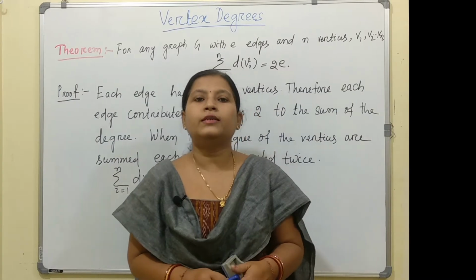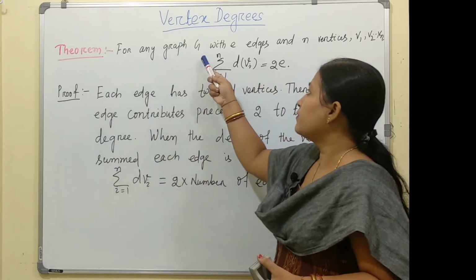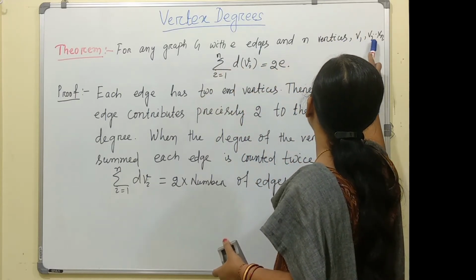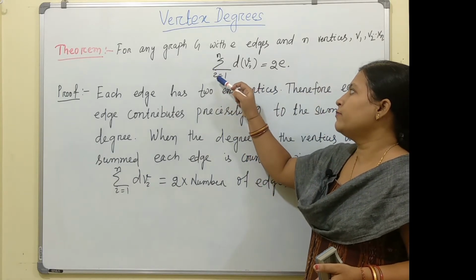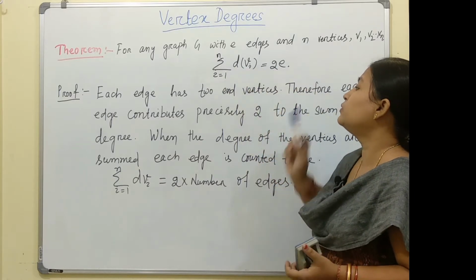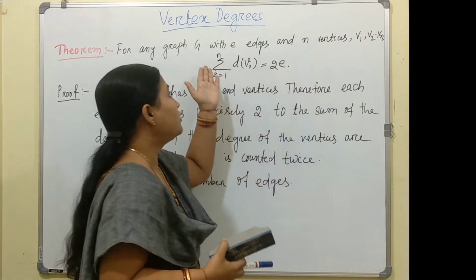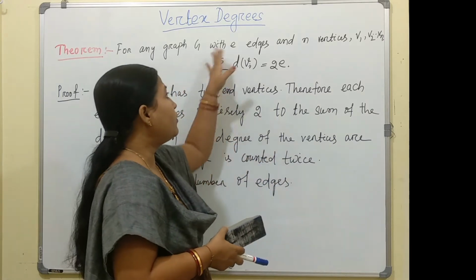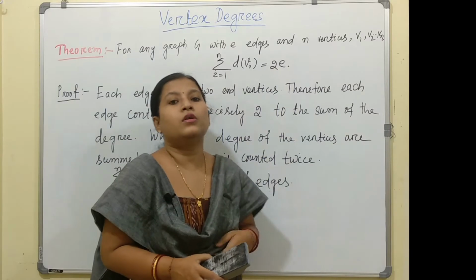Now we'll take the theorem. So what is the theorem? For any graph G with E edges and N vertices V1, V2 up to Vn, we have to prove that the summation from i equals 1 to N of d of Vi is equal to 2 into E. Already we have discussed this part, and when we add the degrees we get 2 into number of edges.